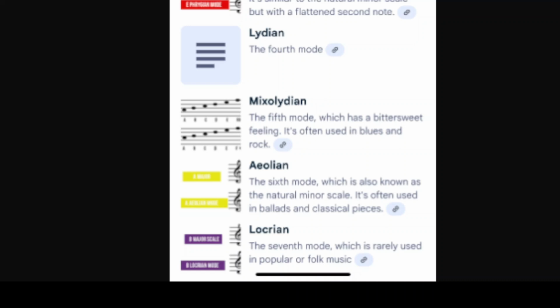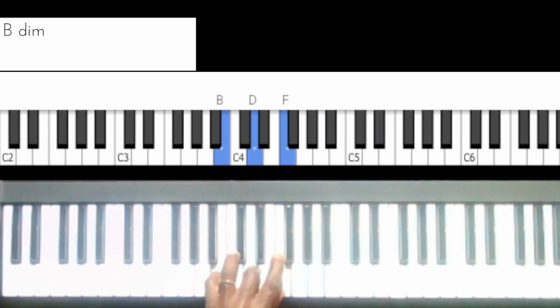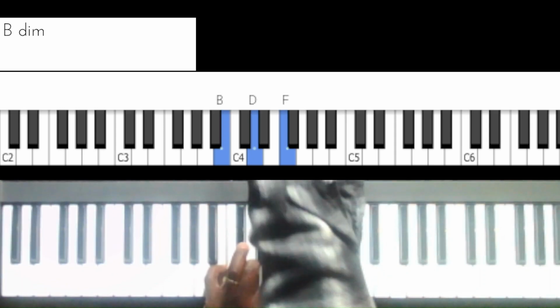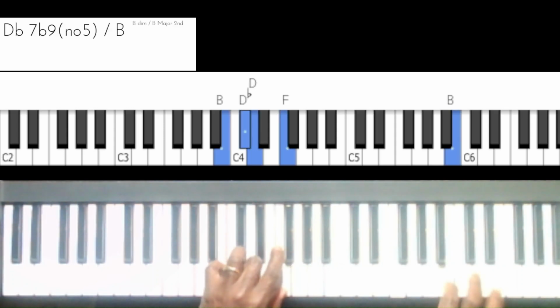It's a diminished scale. So if I was doing a B diminished, that would be the scale that follows it. So if I was doing a diminished chord, you see it says B diminished, and that Locrian scale is kind of like a diminished scale.